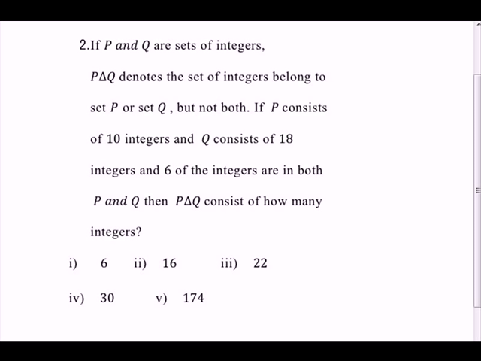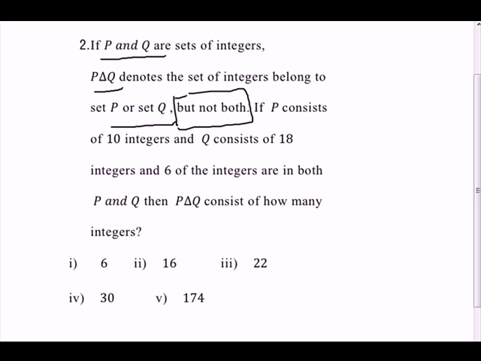Okay, moving on to our next example. Here P and Q are sets of integers. P triangle Q, triangle is a symbol. It's not really a symbol of set notation, but it's a symbol specific to this question. So P triangle Q denotes the set of integers belonging to P or Q but not both.